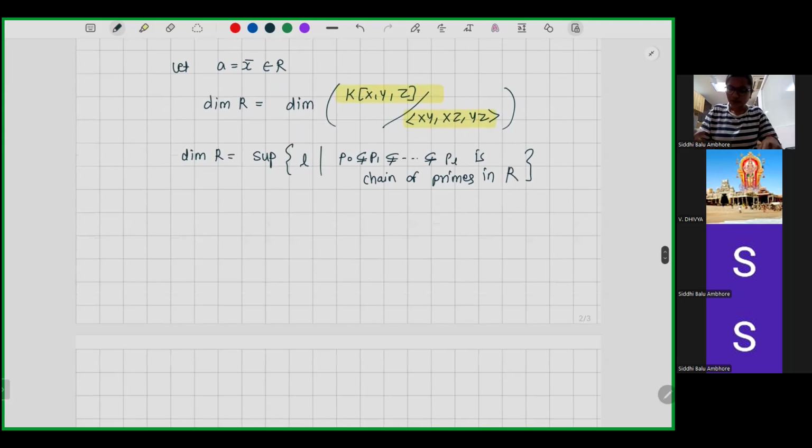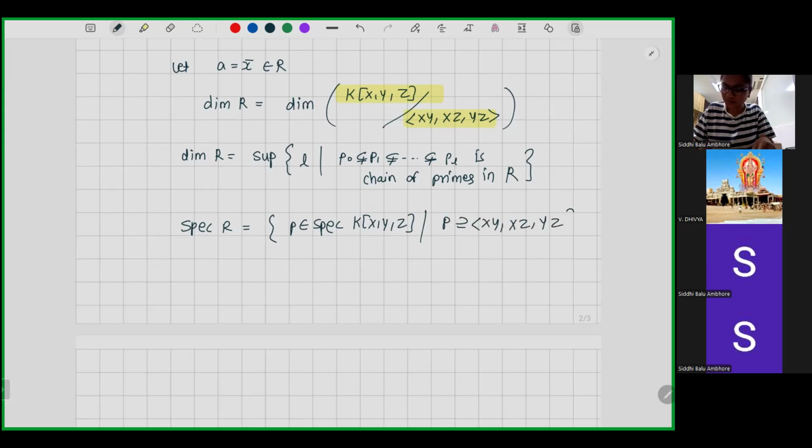So if I want to find a chain of primes in here, note the correspondence between prime ideals in k[x, y, z] and prime ideals in this ring R: Spec R is equal to P in Spec k[x, y, z] such that P contains xy, xz, yz.